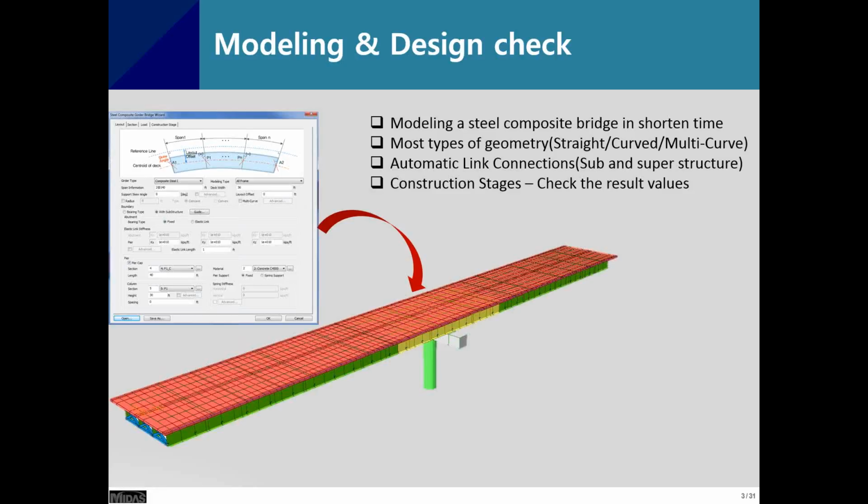So those are 4 important elements already built, and you can create your bridge model through the widget. That's why most of our users have used the steel composite bridge widget. And also today's modeling example is a steel composite bridge by using the steel composite bridge widget.